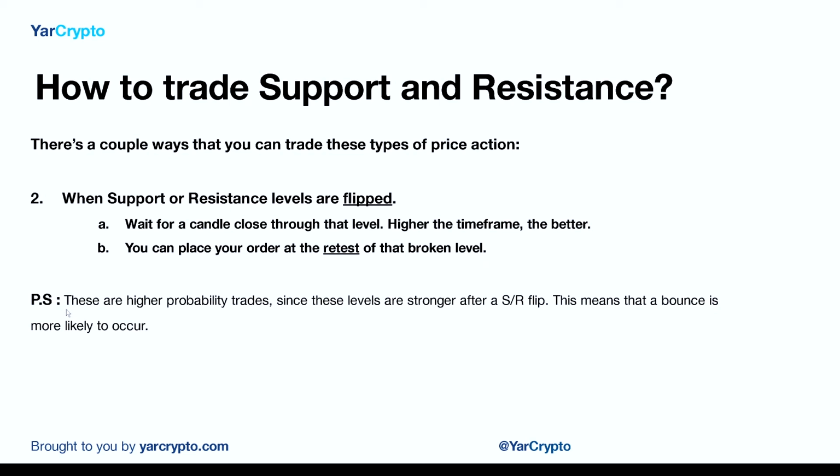Once again, you should keep in mind that these are higher probability trades since these levels are stronger after a support and resistance flip. This means that a bounce is more likely to occur, especially since after a support or resistance level is flipped, it's fresh and it's stronger that way.